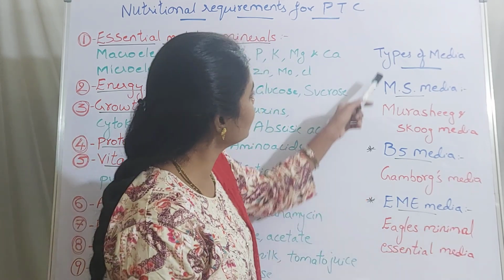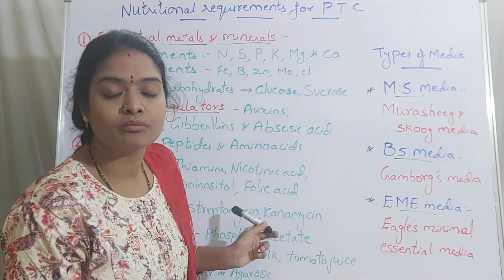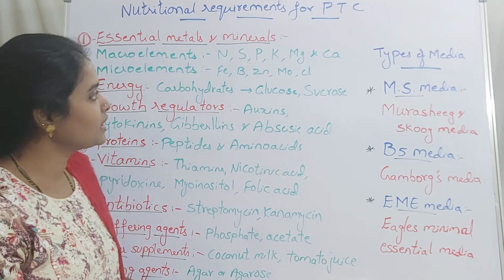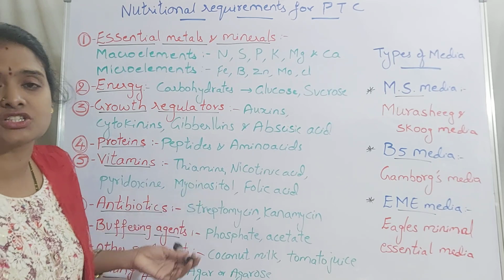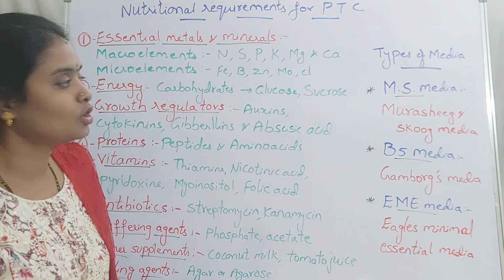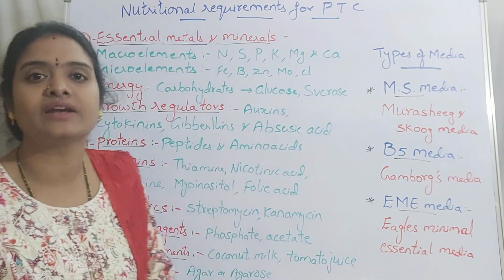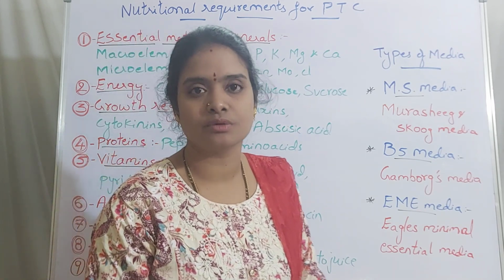See here, in all these cases, the basic components may be the same, but their composition will differ. So based on the explant used or the type of culture, whether it is a suspension or a semi-solid culture, you are going to select the media and proceed for the plant tissue culture process. Is that clear? If you have any doubts, put it in the comments.